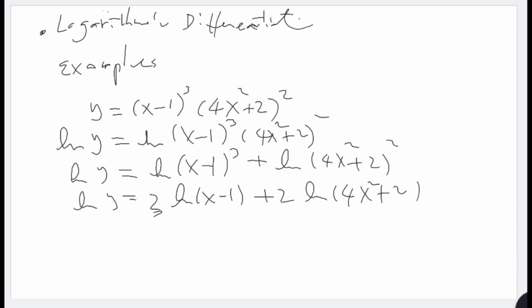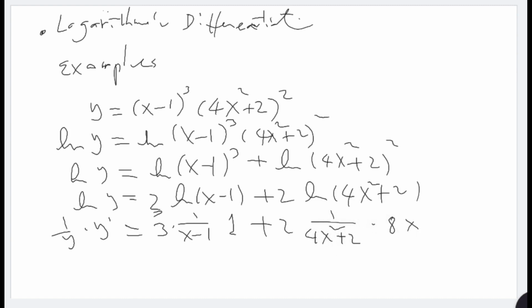We differentiate on both sides. So log y is a function, so it's chain rule: 1 over y times y prime, or 1 over f times f prime, the same formula. The right side, of course, is now much easier to differentiate. It's 1 over f times f prime, which is 8x. See, differentiation is much simpler because we were able to simplify it with the log.